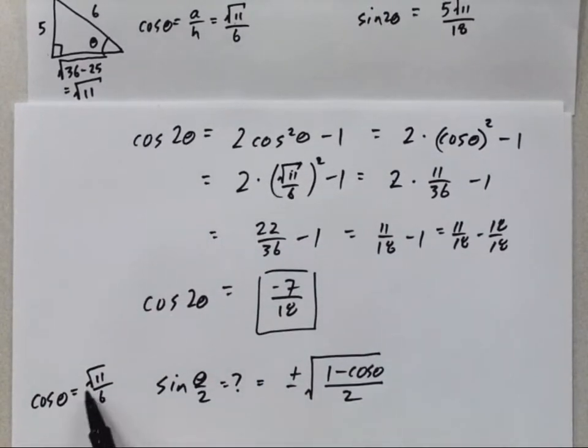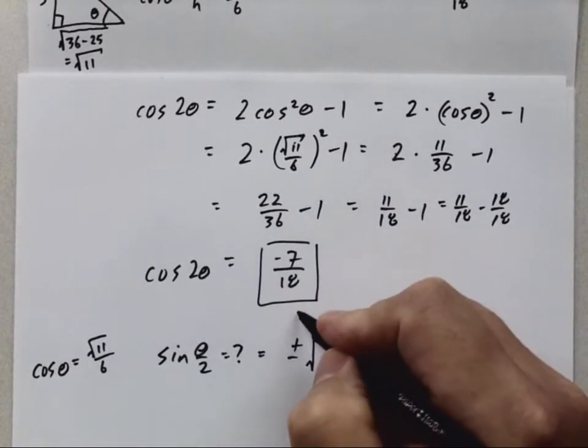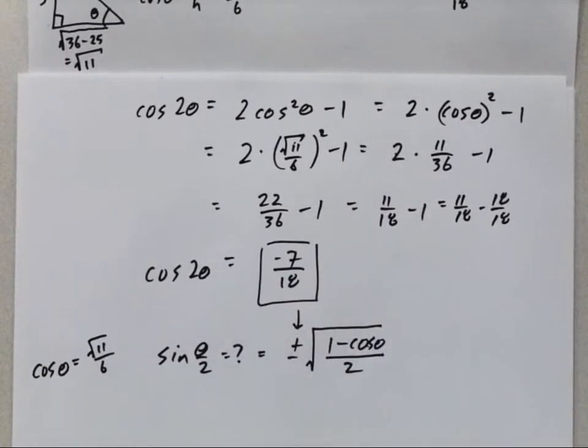At some point, I'm going to plug that in here, and then I've got some ugly math to do. But the key question is, I've got this plus or minus in the front. I'm not going to have two answers. It's either going to be plus or it's going to be minus.